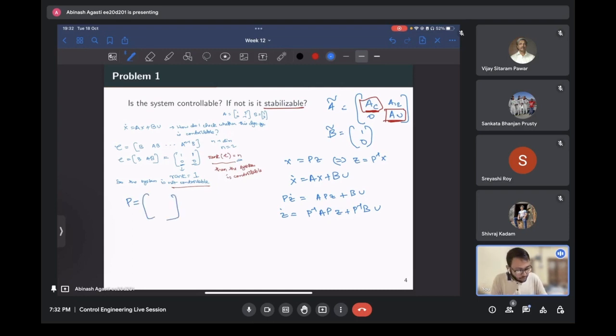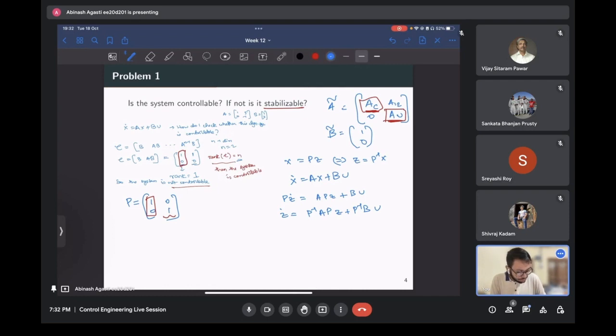For that, we'll take the linearly independent columns of C, 1, 0, and then fill the rest such that the entire matrix becomes full rank. A simple choice is the identity matrix, because here these two are the same. I can fill this one arbitrarily such that P is full rank.